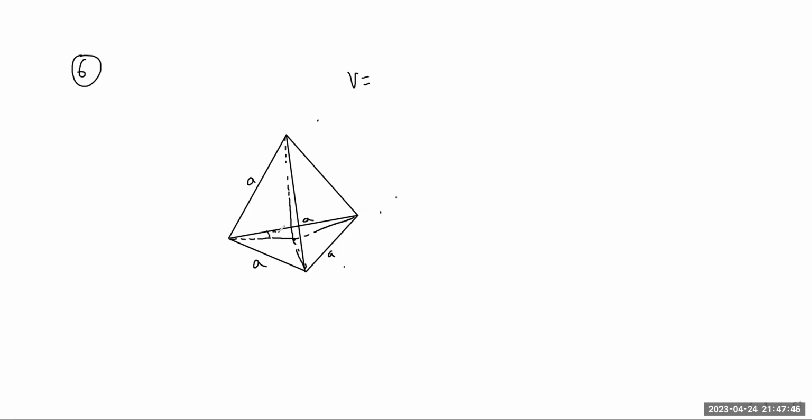So this is 30 degrees. R cos 30 is A by 2. It's a bit of maths. So R is A by root 3, okay? And now we can find H by Pythagoras. H is root 2 by 3 A, like this.